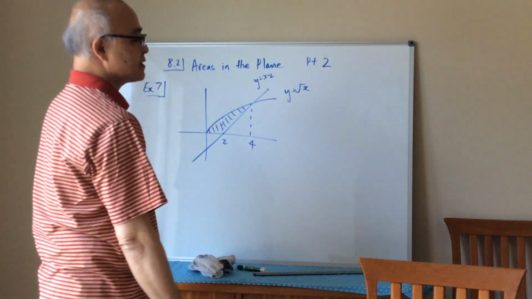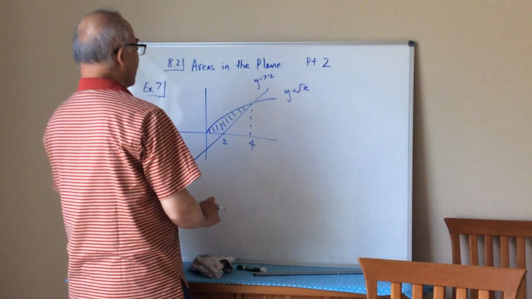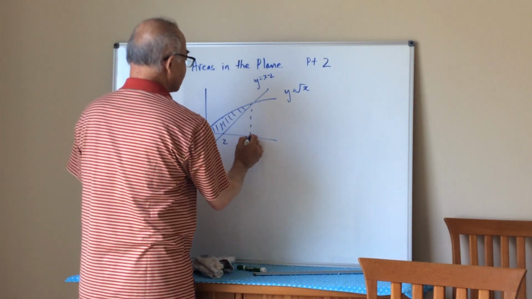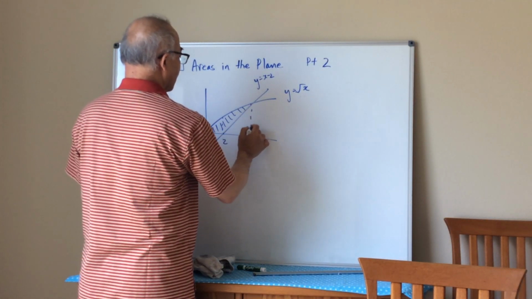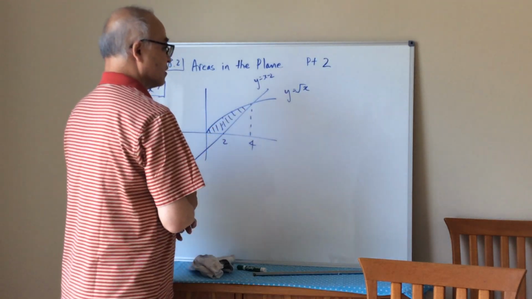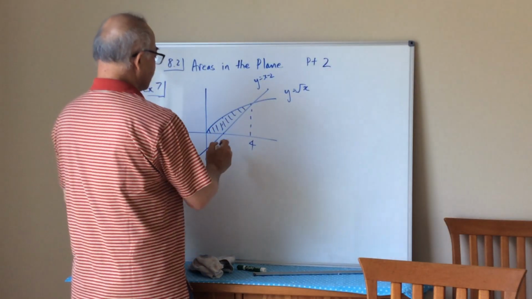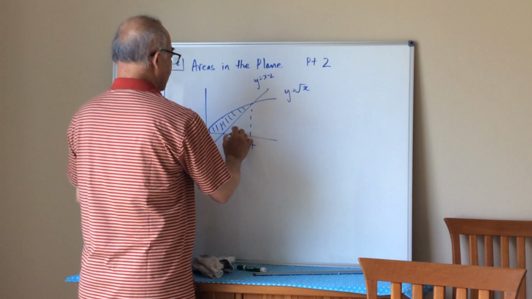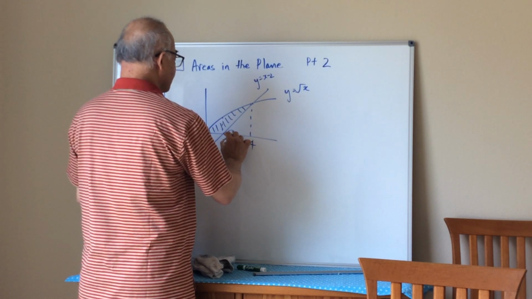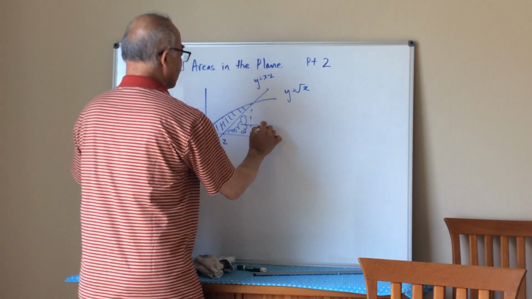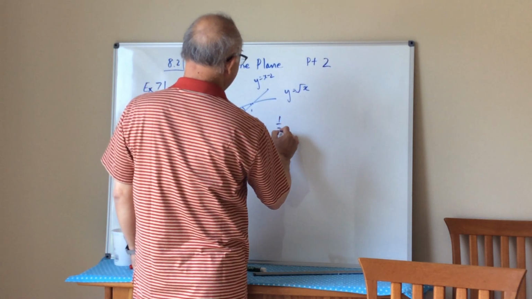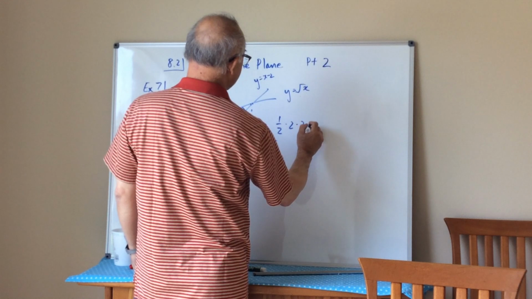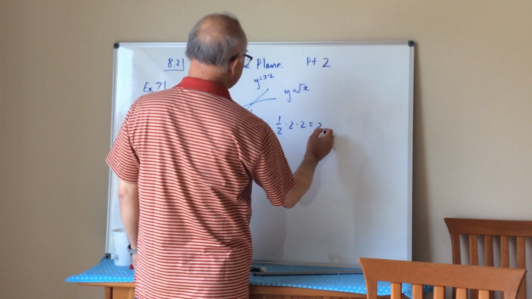Since this guy is nothing more than an isosceles right triangle, because this is 2 and this is 2, the area of this guy is one half base times height, which is 2.